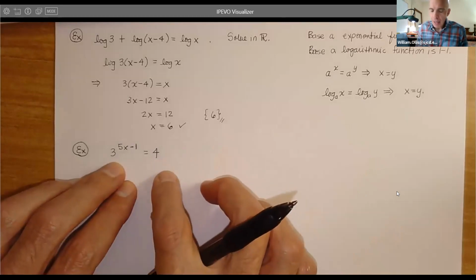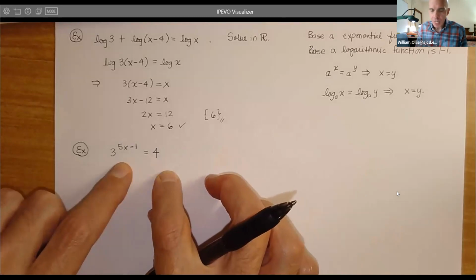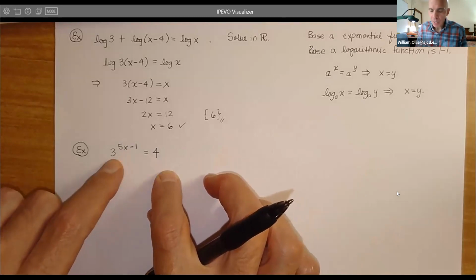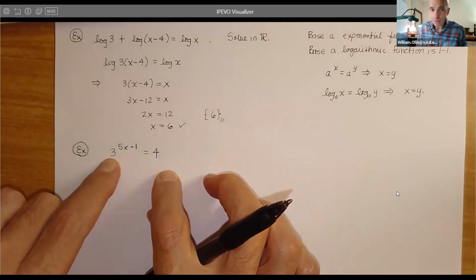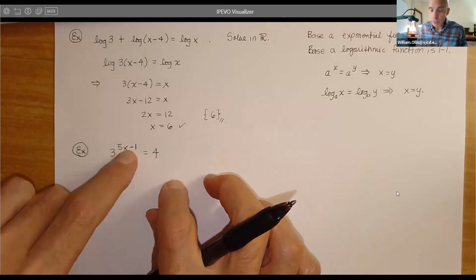Now, we can look at this and say, well, the power of 3 that equals, in this case, 4 is 5x minus 1. Let's say that again. The power of 3 that equals 4 is 5x minus 1. 5x minus 1 is a power of the base. It's a logarithm.